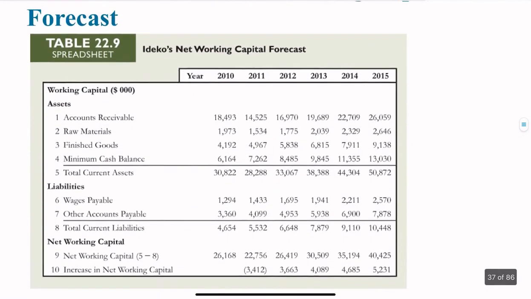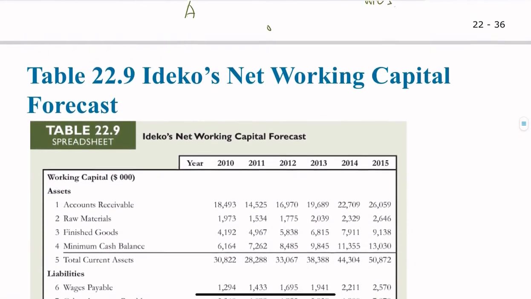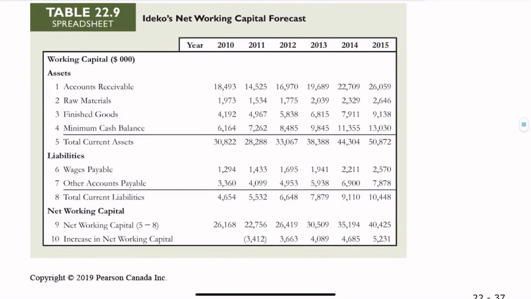So based on this approach, we can basically forecast accounts receivable, raw materials, wage payable, and other accounts payable. For example, if you want to get this number, let's look at this number.